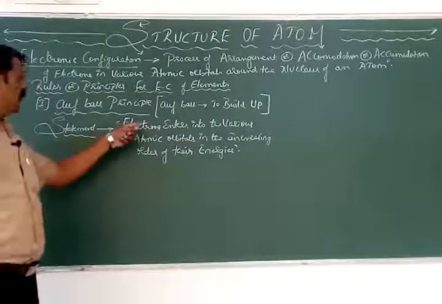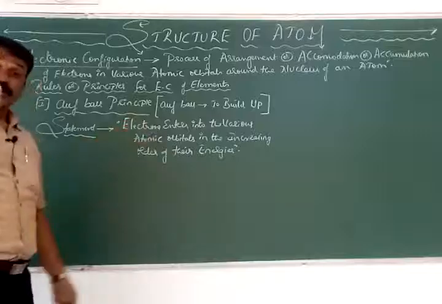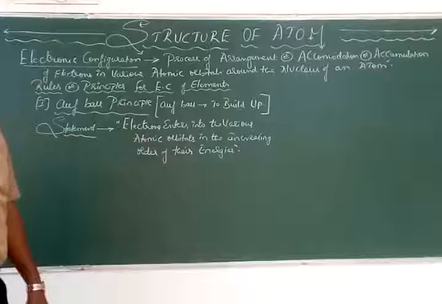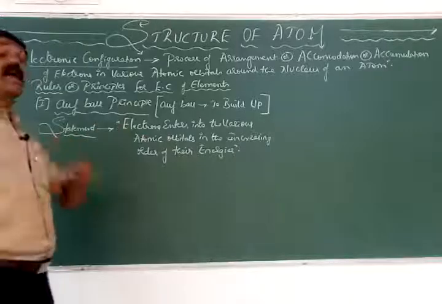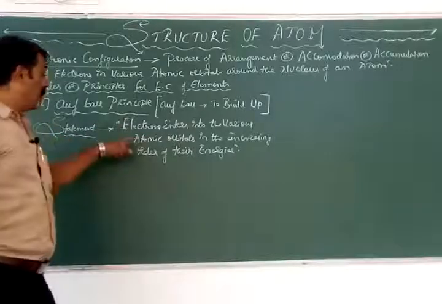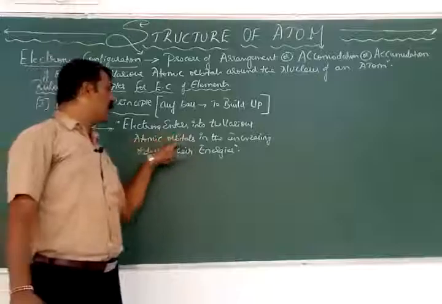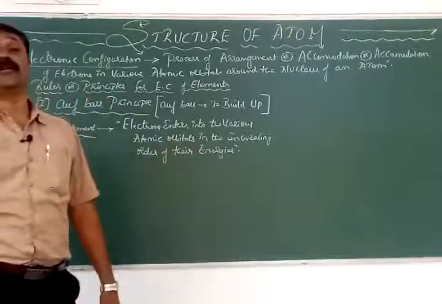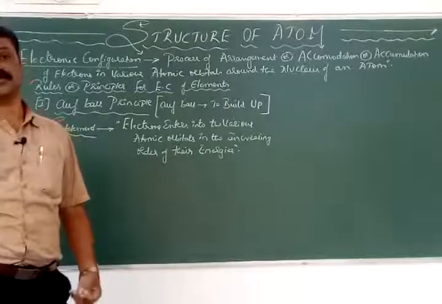Electrons enter into the various atomic orbitals, because electrons can be accommodated in the various atomic orbitals. How are they arranged? They enter the various atomic orbitals always in the increasing order of their which one? Energies.